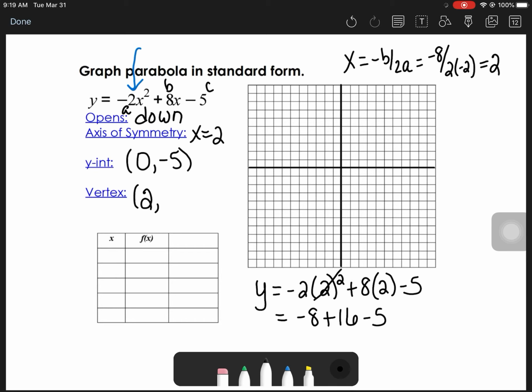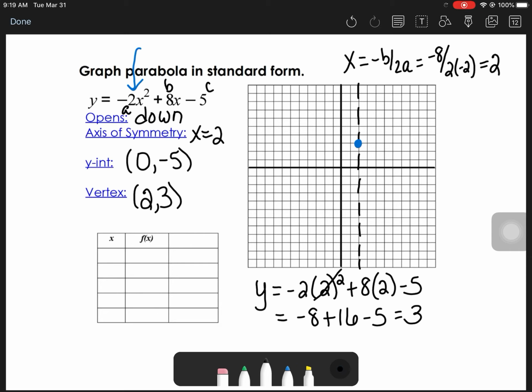So negative 8 plus 16 is 8, and 8 minus 5 is 3. So our vertex is going to be at 2, 3. I'm going to draw in my axis of symmetry at x equals 2, which is our vertical line that passes through the value of 2 on the x-axis. Our vertex is at 2, 3.